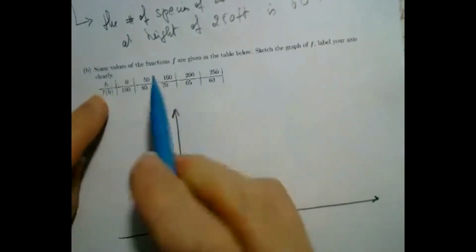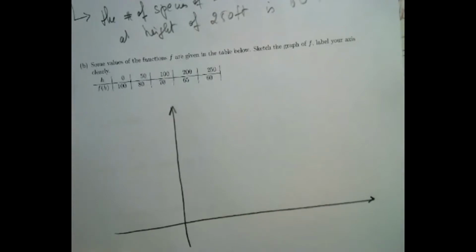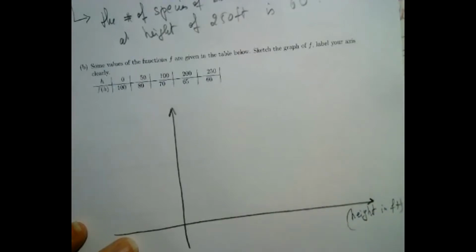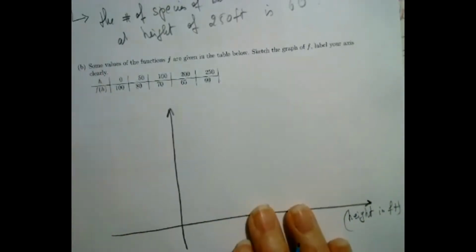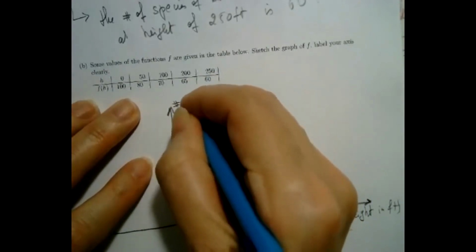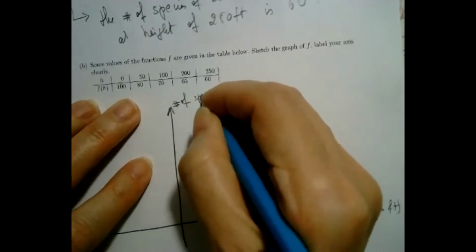As the height changes, the number changes. What should go on the horizontal axis? Feet, the input. Exactly. It means what in this problem? Height, right. So on the horizontal axis, always the input, which is the height in feet. And on the vertical axis will go the output, which is the number of species of bat.